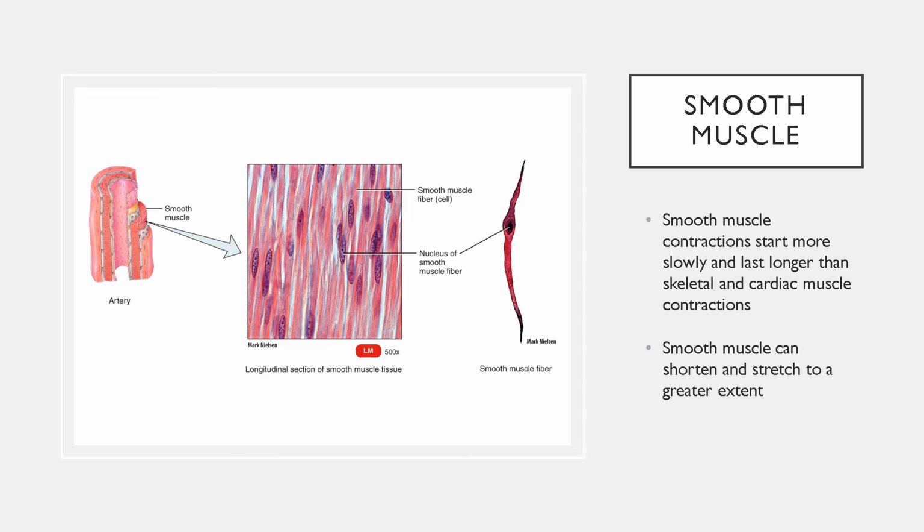Now, like cardiac muscle tissue, smooth muscle tissue is usually activated involuntarily. And there are actually two types of smooth muscle tissue. Of those two types, the more common type is called the visceral smooth muscle tissue.